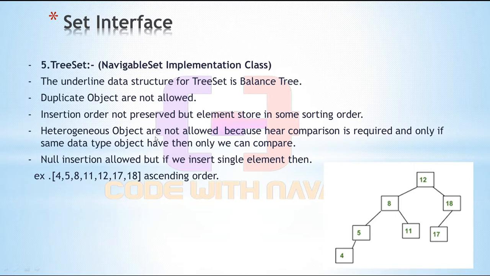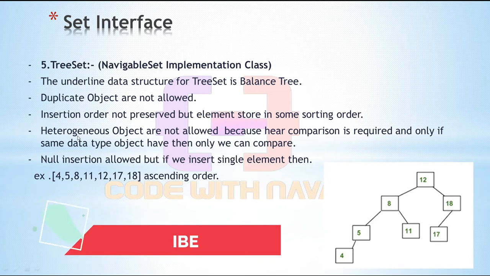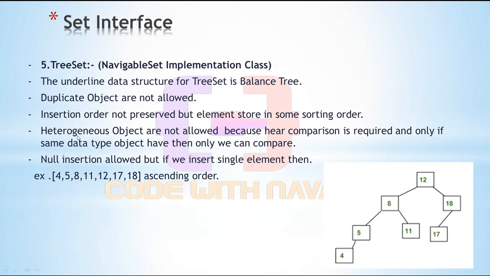Heterogeneous objects are not allowed here because comparison is required, and only if objects are of the same data type can we compare them. If we store one String and a second Integer, it is not possible to compare these two objects and say which one is greater and which is less. That's why heterogeneous objects are not allowed.